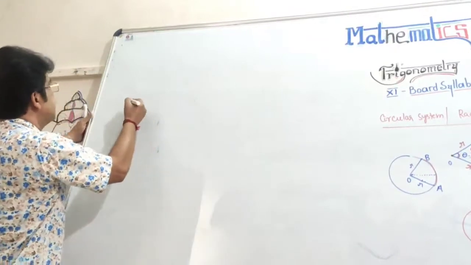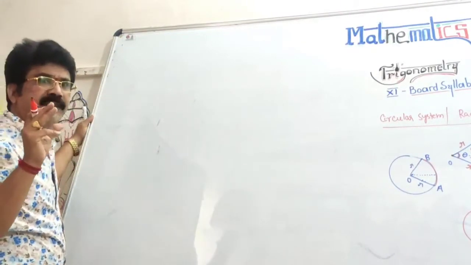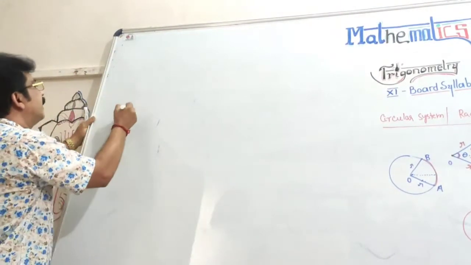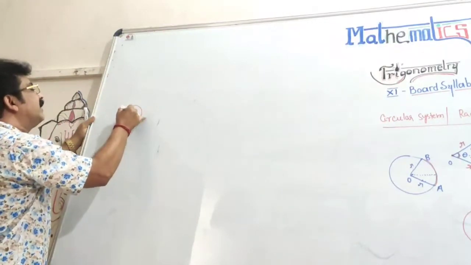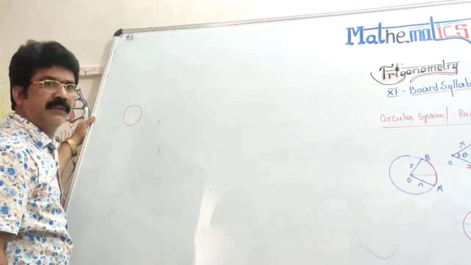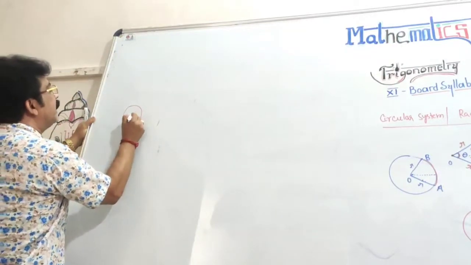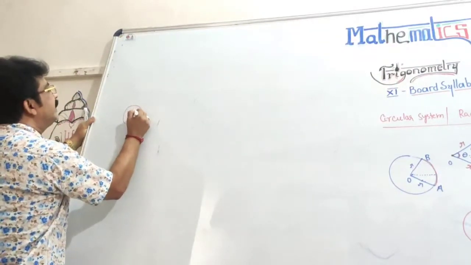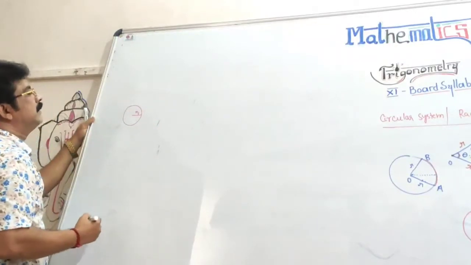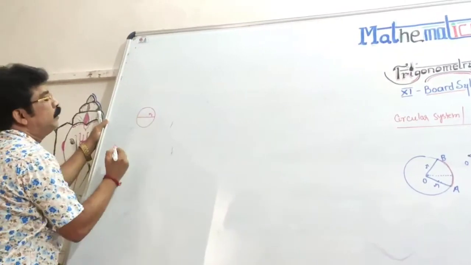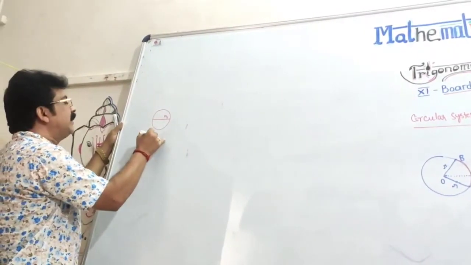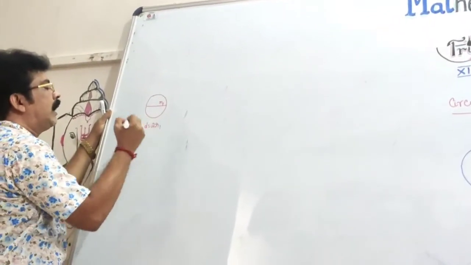Next, let us consider the different sizes of circles. For example, let us take this kind of circle. Let its radius be R1. Understand? Okay, diameter is equal to 2R1.